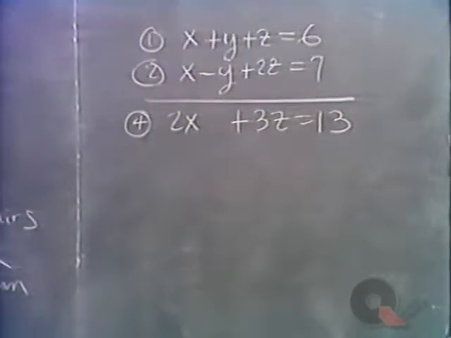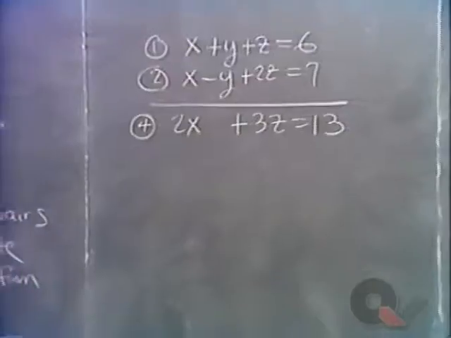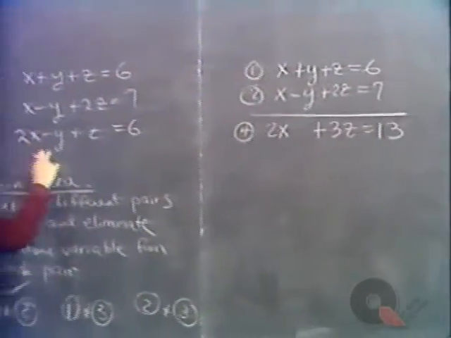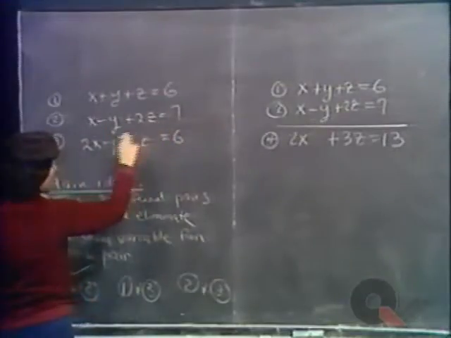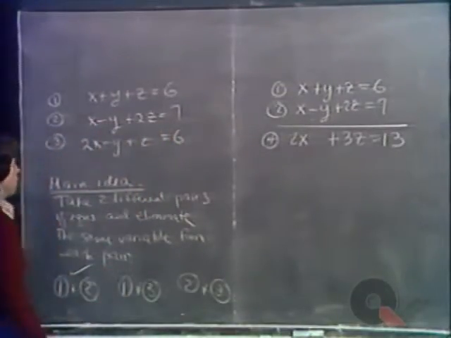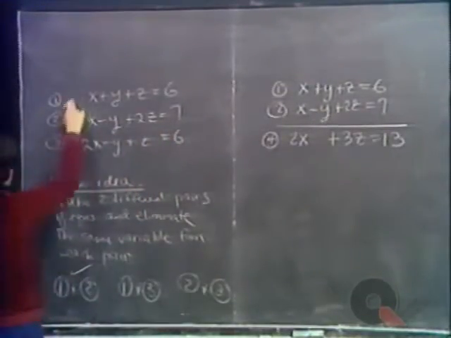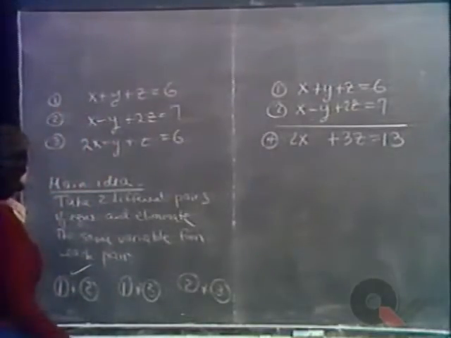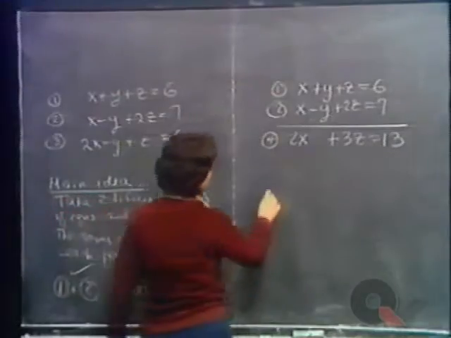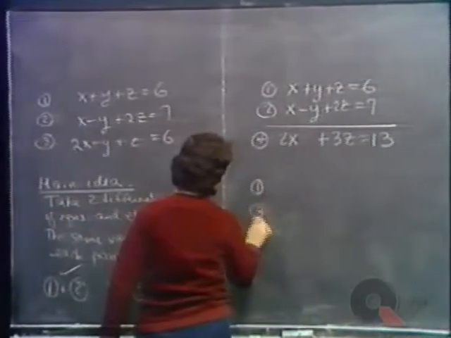Okay, now we would like to eliminate the same variable, we're eliminating y, from another pair of equations. Now, if you work with equations 2 and 3, you'll have to first multiply, say, equation 2 through by -1 both sides, so that when you add, the y's drop out. Whereas if you go into equations 1 and 3 immediately, then just by adding, without doing anything else, the y's will drop out. So let's work with 1 and 3. That'll be our second pair.